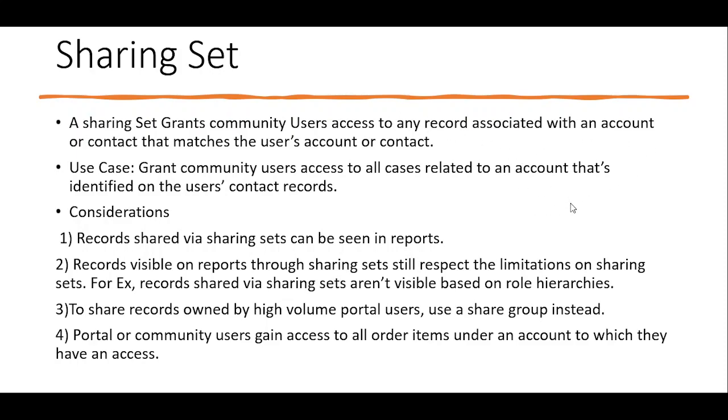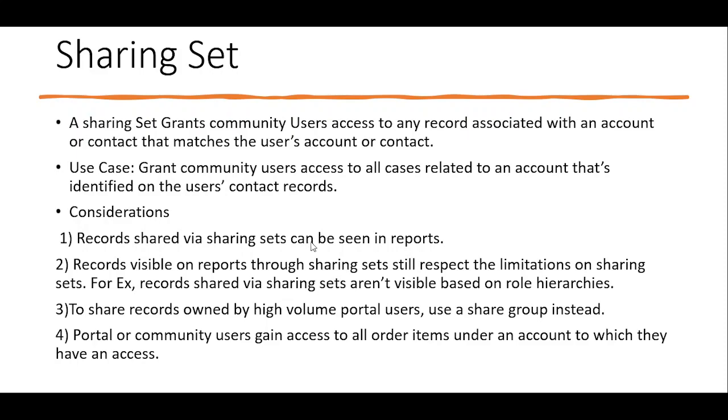That is also a kind of access mapping, which says that for any cases belonging to that account, and me belonging to that account, we should be able to share. Another use case is to grant community users access to all cases related to an account that's identified on the user's contact record. Same thing which I explained.